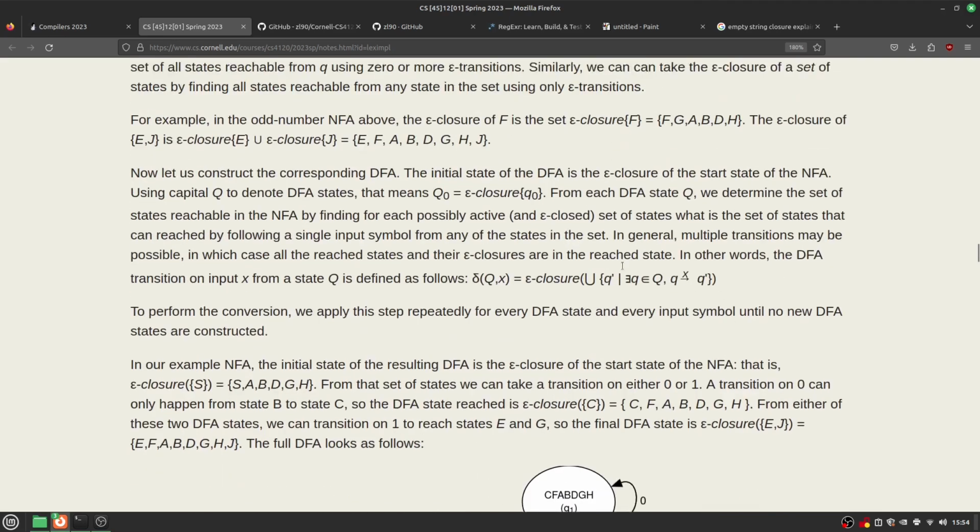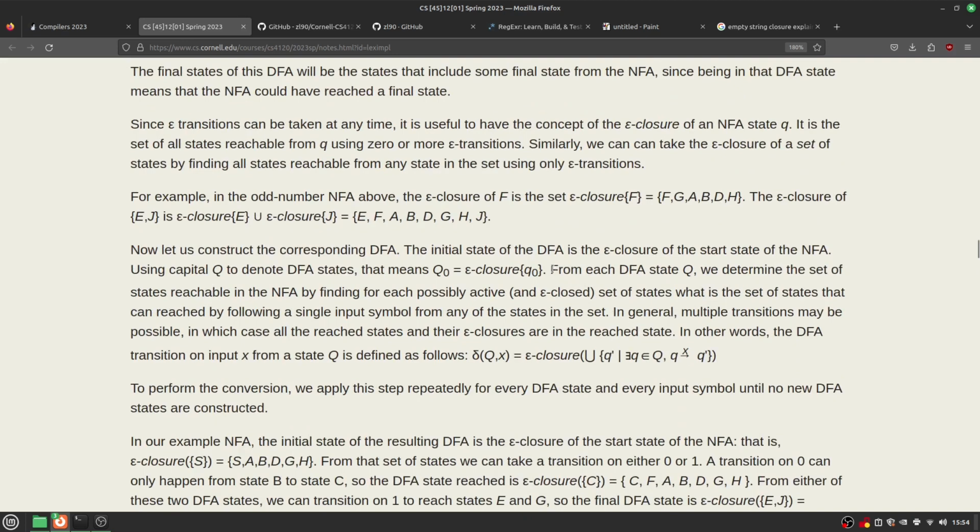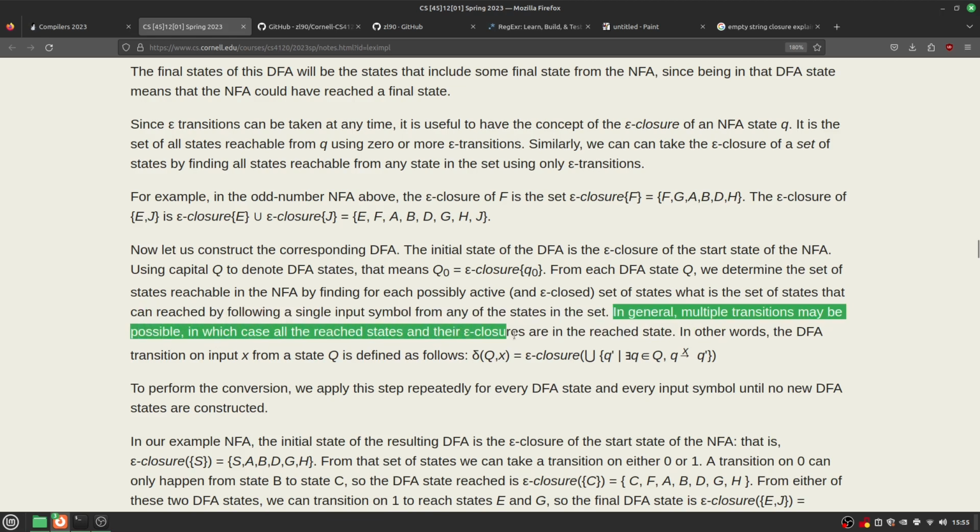I'm going to try and draw this out myself without really looking. In general, multiple transitions may be possible, in which case all the reached states and their empty string closures are in the reach state.